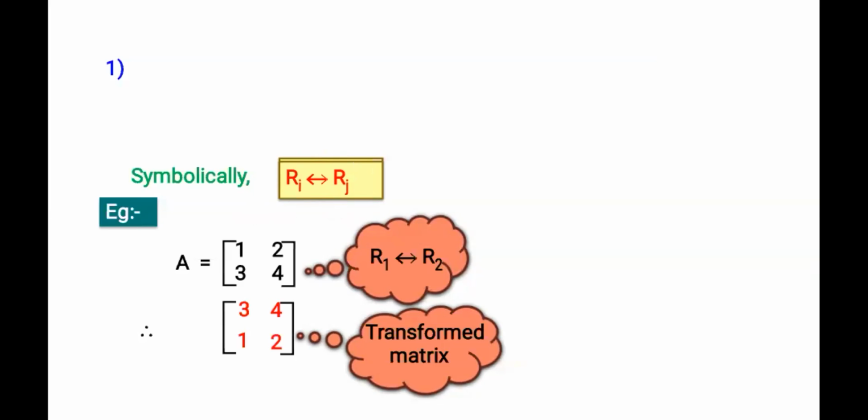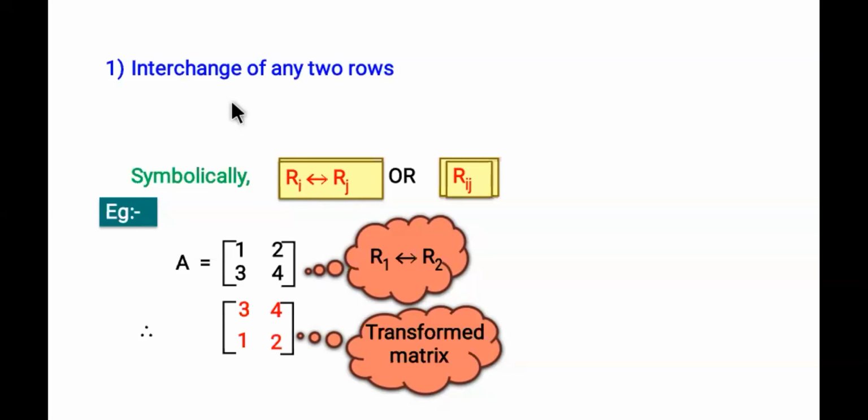So in that case, I cannot say R1 interchanges to R2. I have to say R1 interchanges to R3 if I want to change that third row as well. So generalizedly we have written Ri interchanges Rj. Or else there's one more way of writing, that is Rij, which means Ri interchanges with Rj.